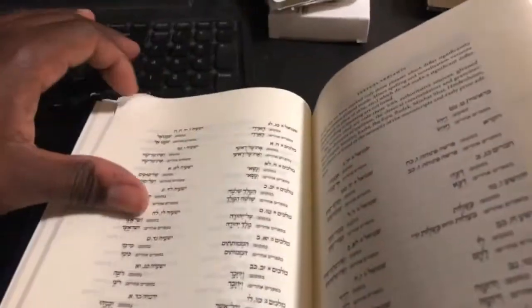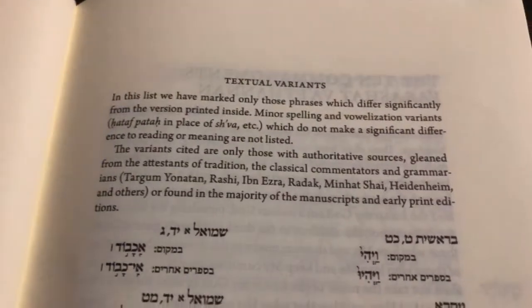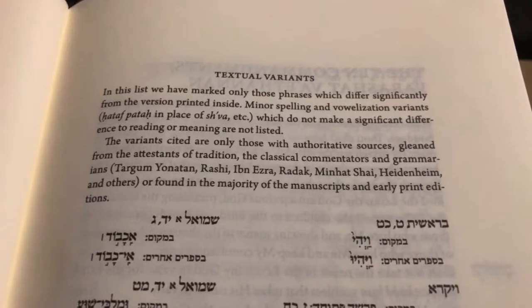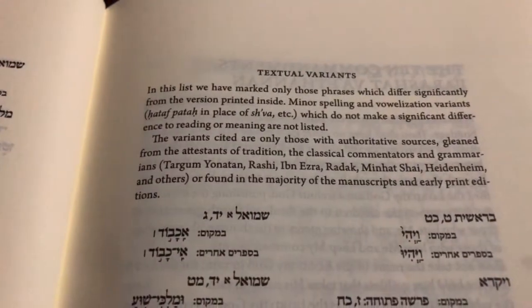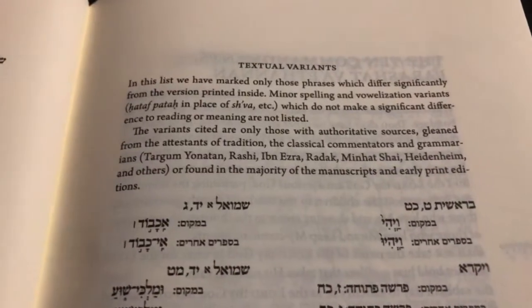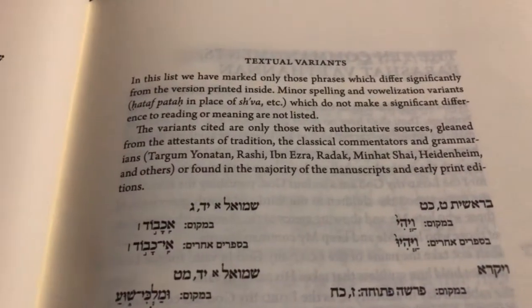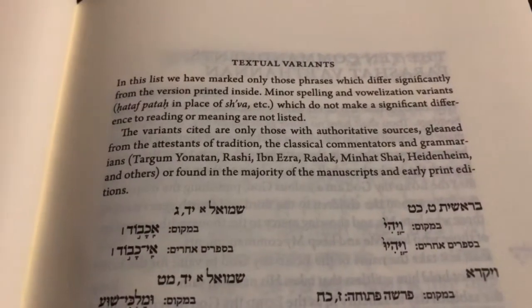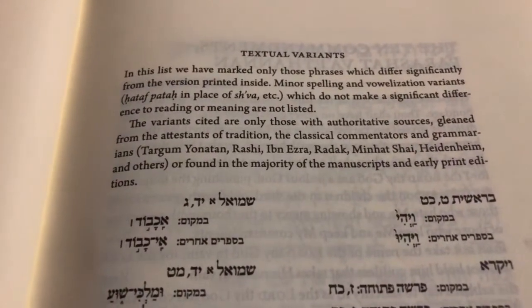Interesting, right? But then you have textual variance, okay? Apparently it says here, in this list we have marked only those phrases which differ significantly from the version printed inside. Minor spelling, vowelization variance, hataf patah in place of the shwa.